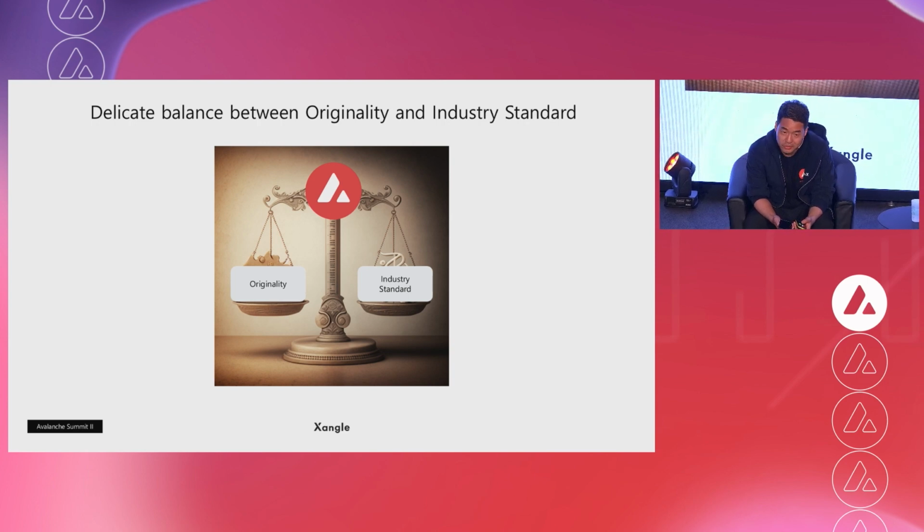Its consensus algorithm, the Snowman, is very original in that it provides advantages in terms of scalability, security, as well as decentralization. At the same time, it shows respect for existing industry standards in terms of its modular blockchain structure, as well as its active support for the EVM.